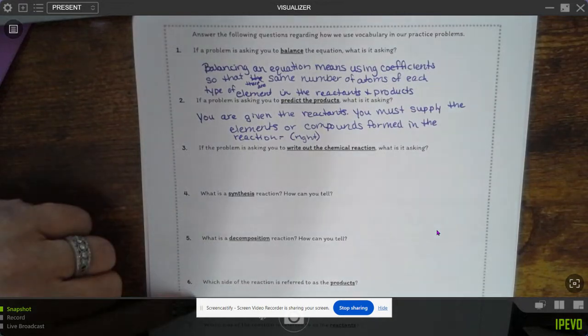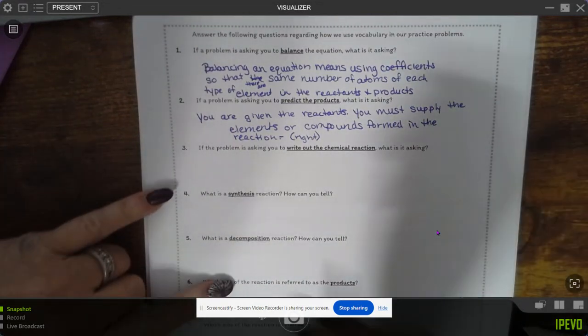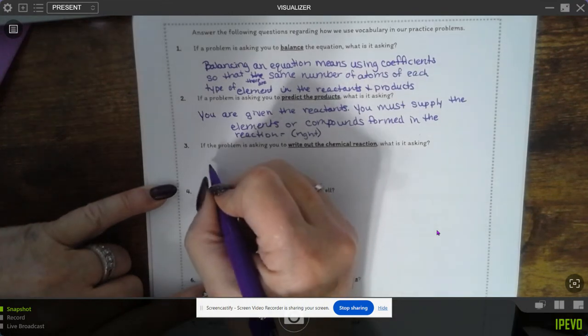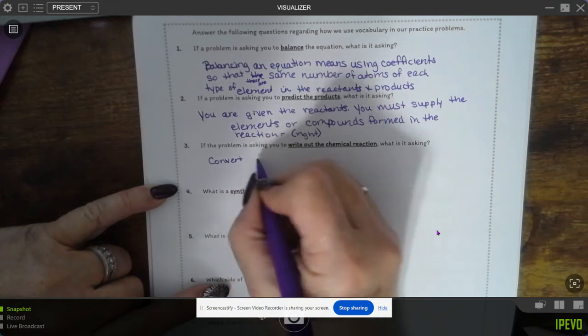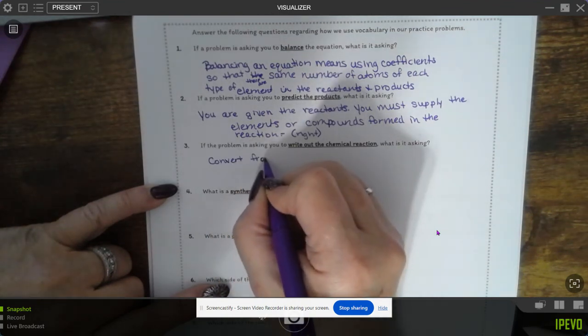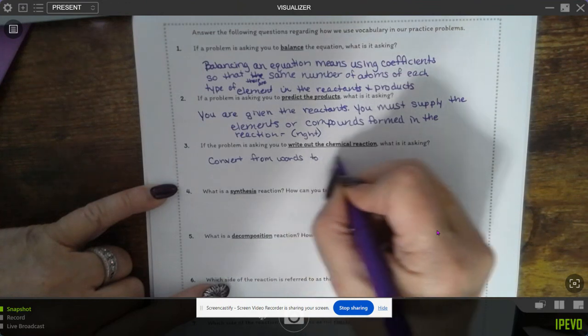Okay. If the problem is asking you to write out a chemical reaction, it's basically asking you to convert from words to an equation.